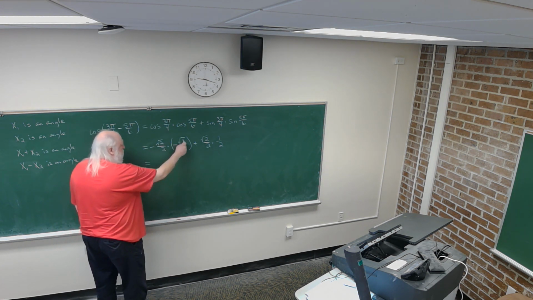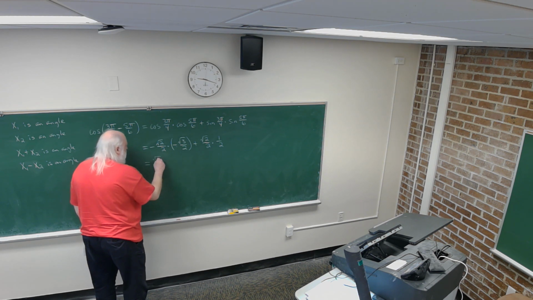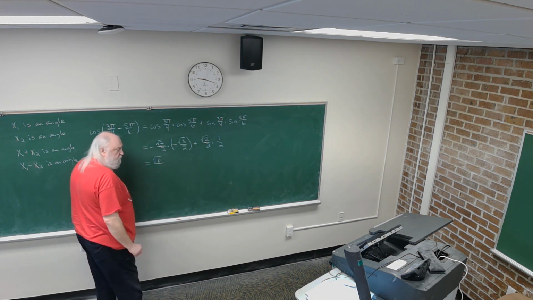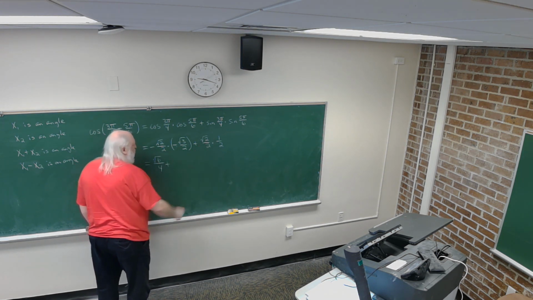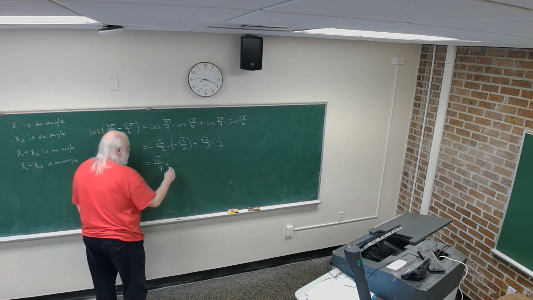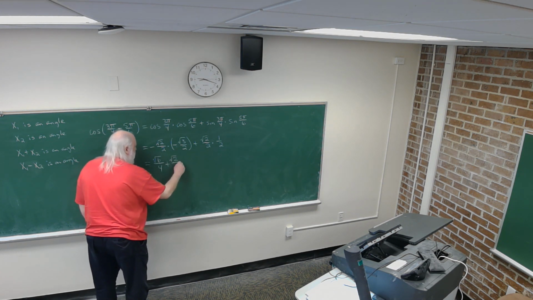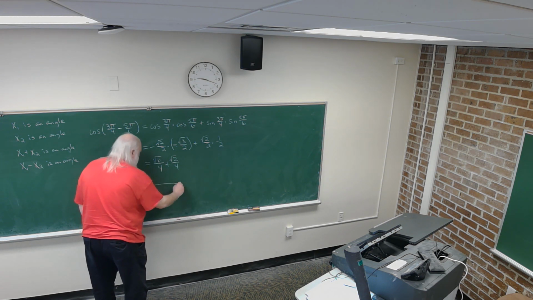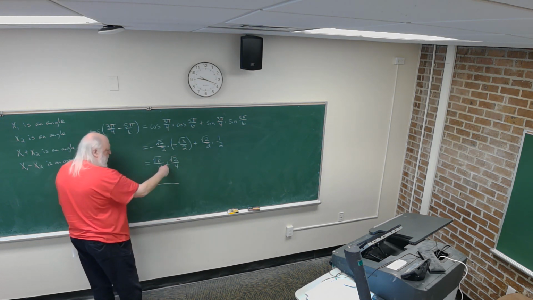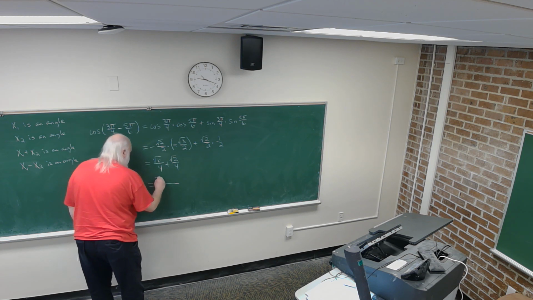Okay. All right. So a negative times a negative is positive. And square root of 2 times square root of 3 is square root of 6, right? Square root of 2 times 3. 2 times 2 is 4. And then when we multiply these two fractions, square root of 2 times 1, square root of 2, and 2 times 2 is 4. Common denominator, now we combine the numerators.